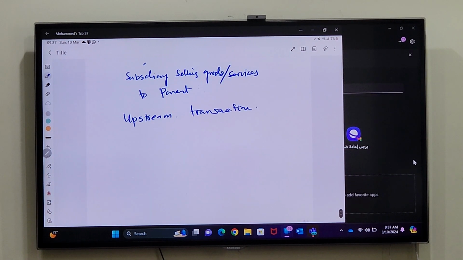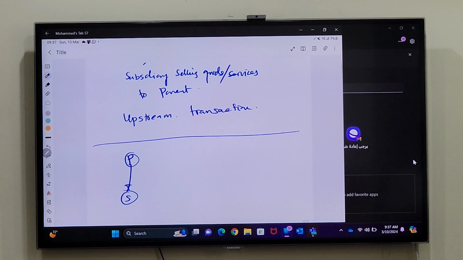Now, in any given situation, was the NGC service upstream or downstream? This was downstream.